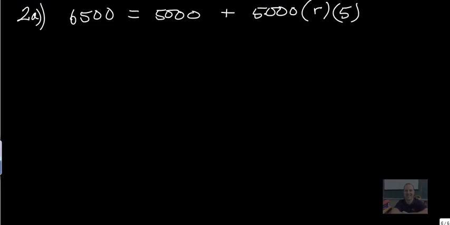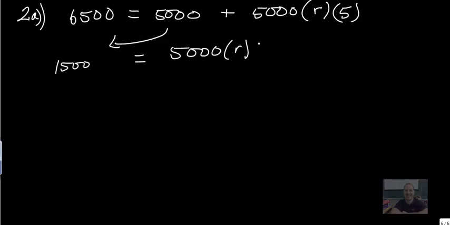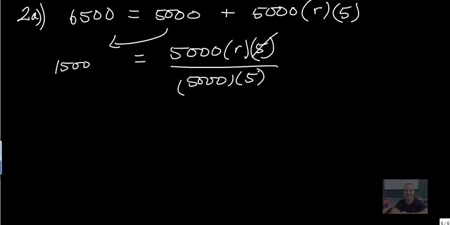Okay, so for 2a, let's go back to 2a then. We're trying to find r here first. So let's subtract $5,000. That's $1,500 over here. It's 5 years. That's the term. That's where this 5 comes from. So now we have 5,000 times R times 5. So if I divide by 5,000 and I divide by 5 as well, it gets rid of those two.